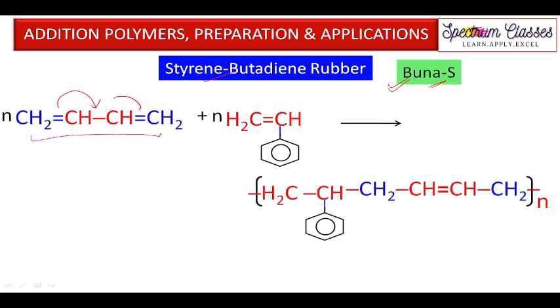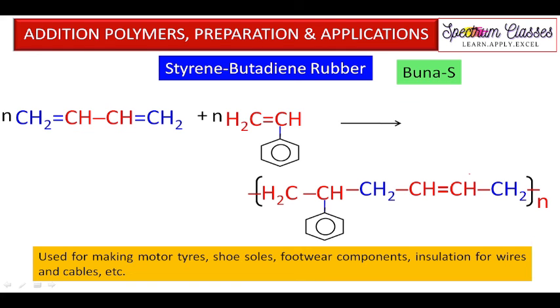This new bond is formed again, and this half and half goes outside, and this bond is broken, this will connect here with a new bond, and this will extend. So here you can see this double bond is broken down, here is a new bond formation, the double bond comes over here, and here is the extension. So this is how the Buna S structure can be drawn. And the applications of this Buna S are, it is used for making motor tires, shoe soles, footwear components, insulation for wires and cables, etc.